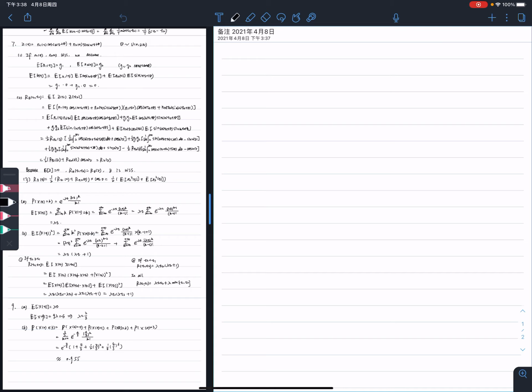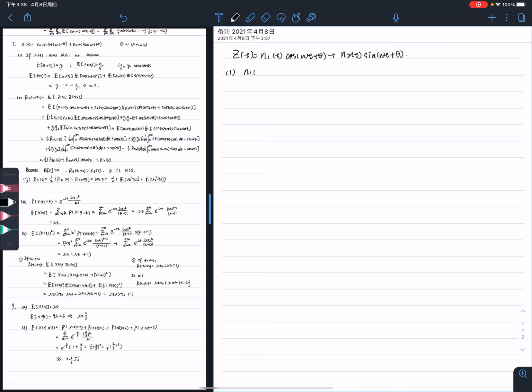So firstly, we know that the process Z(t) equals N1(t) cosine(ωt + θ) plus N2(t) sine(ωt + θ). Firstly, we want to get the expectation of Z(t).